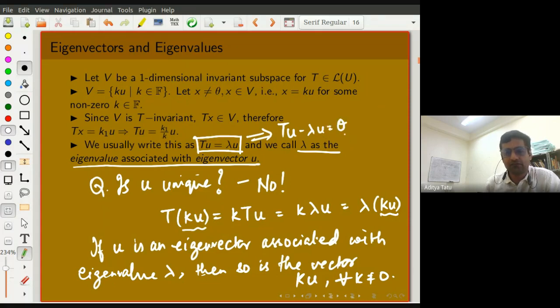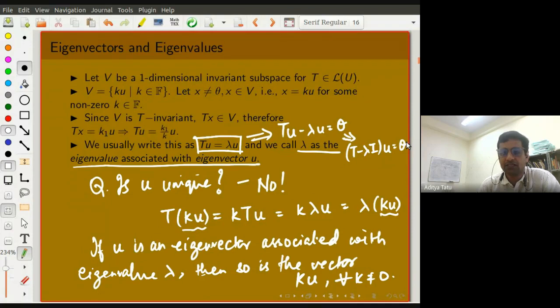You can write this as T minus lambda times the identity operator applied to u equals theta. Okay, so by the way, be careful.